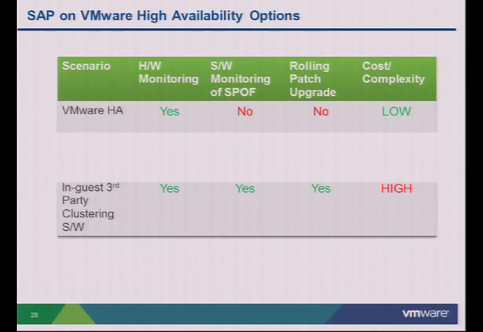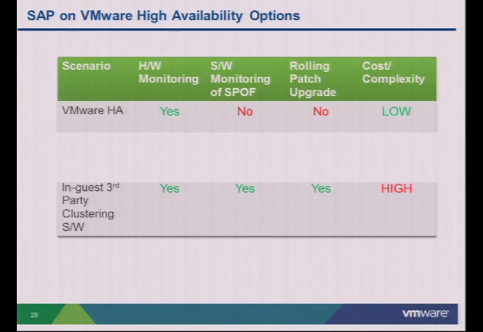So some customers have been used to monitoring those single points of failure using clustering software because they want application-aware detection. VMware HA doesn't provide that, so the third column is no. And also, because ours is not a cluster solution, we can't do rolling patch upgrades of the OS. Clustering solutions tend to offer that.